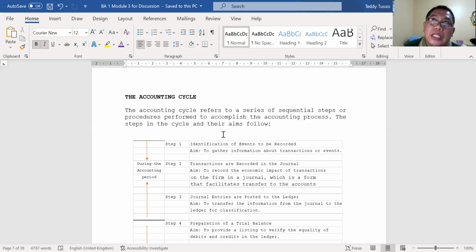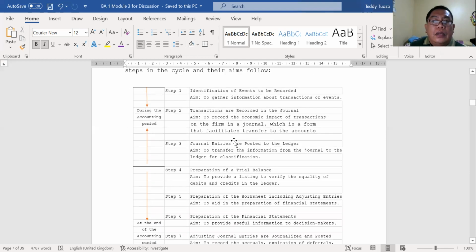For example, if this is 2021, so from January, you perform step number 1, no? And then you perform also step number 3. For example, if your summary is not computerized, the summary is made only at the end of the year, no?